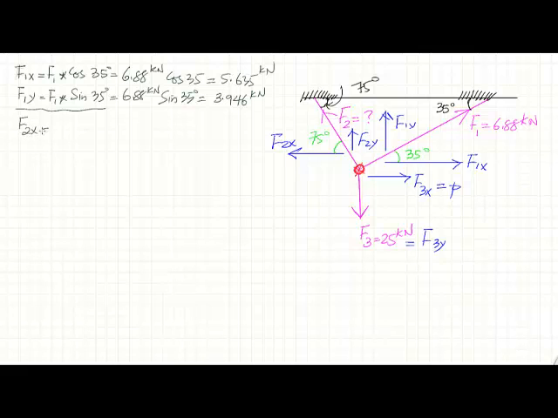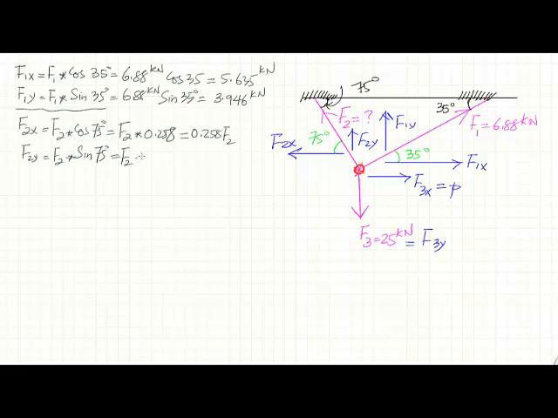For f2x, because we don't know the value of f2, we continue with f2 multiplied by cosine 75 degrees. Cosine 75 is equal to 0.258, so f2x is 0.258 f2, and f2y is equal to f2 multiplied by sine 75 degrees.